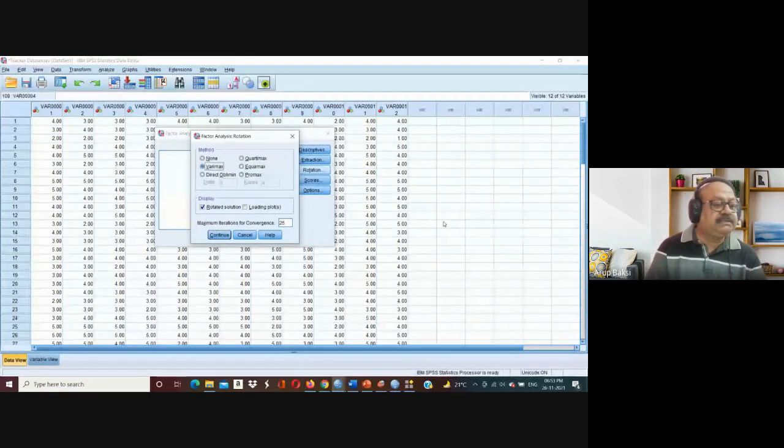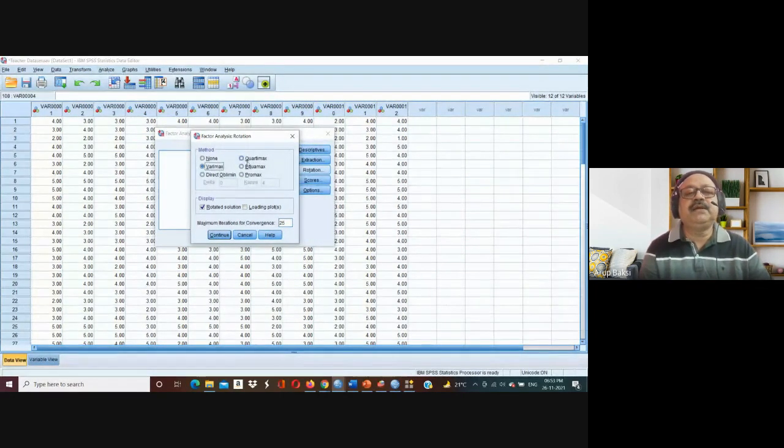As far as orthogonal rotation is concerned, we have three processes: varimax, quantimax, and equamax. These are the three processes of rotation which are orthogonal in nature.